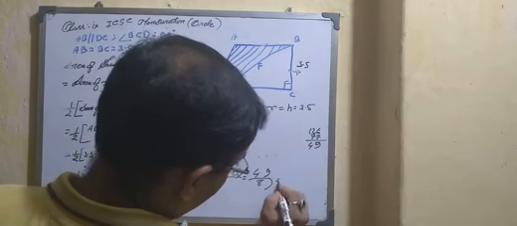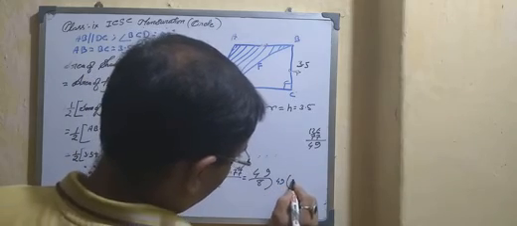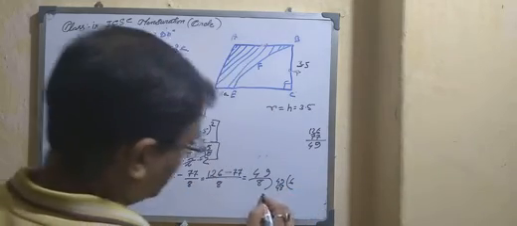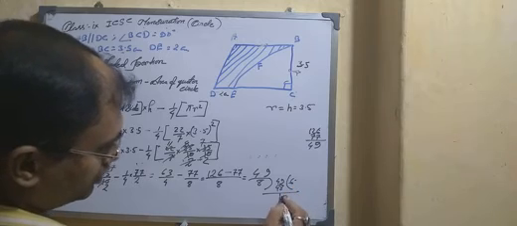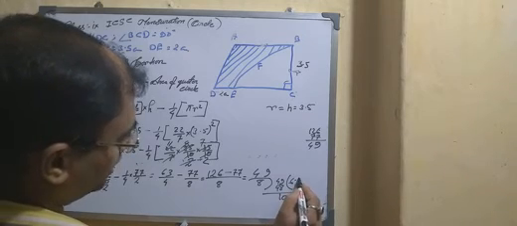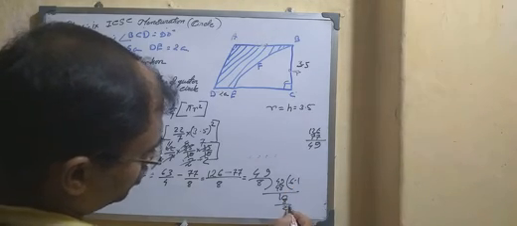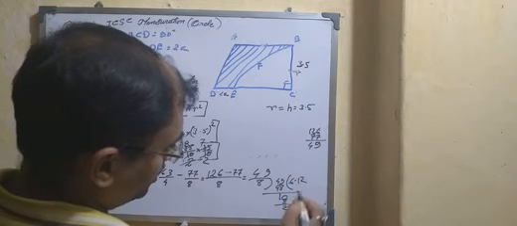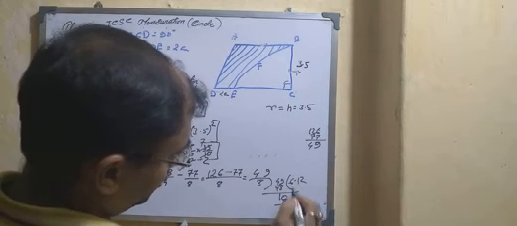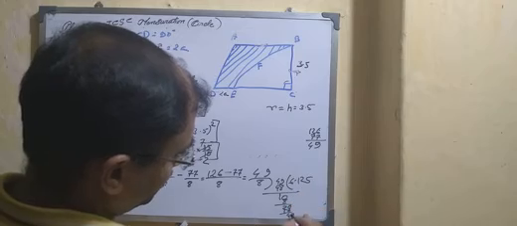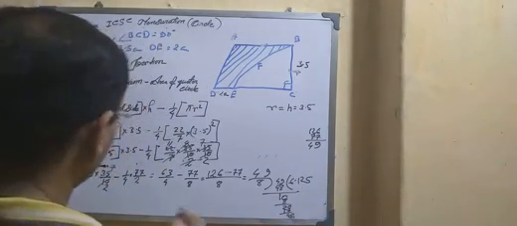You can divide it: 49 divided by 8, 8 ones are 8, remainder 1, 10, 8 ones are 8, remainder 2, 20, 8 twos are 16, remainder 4, 40, and so on.